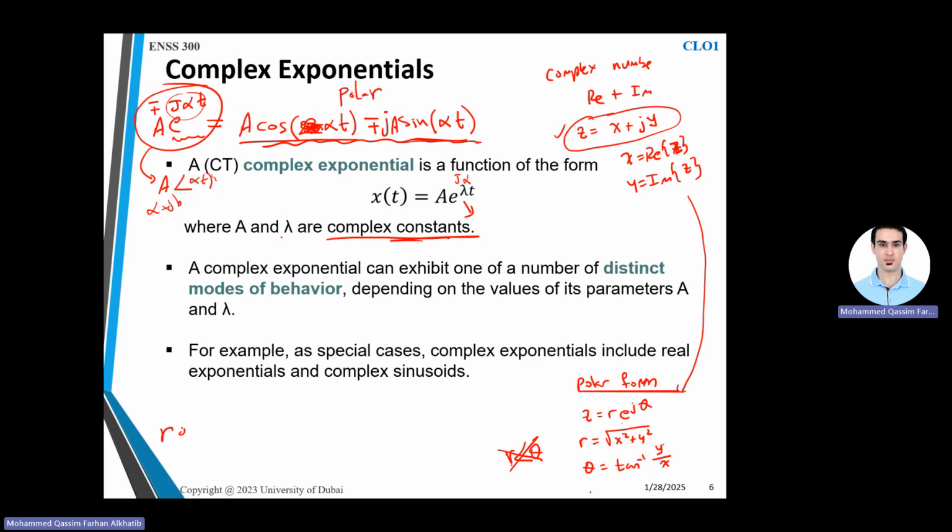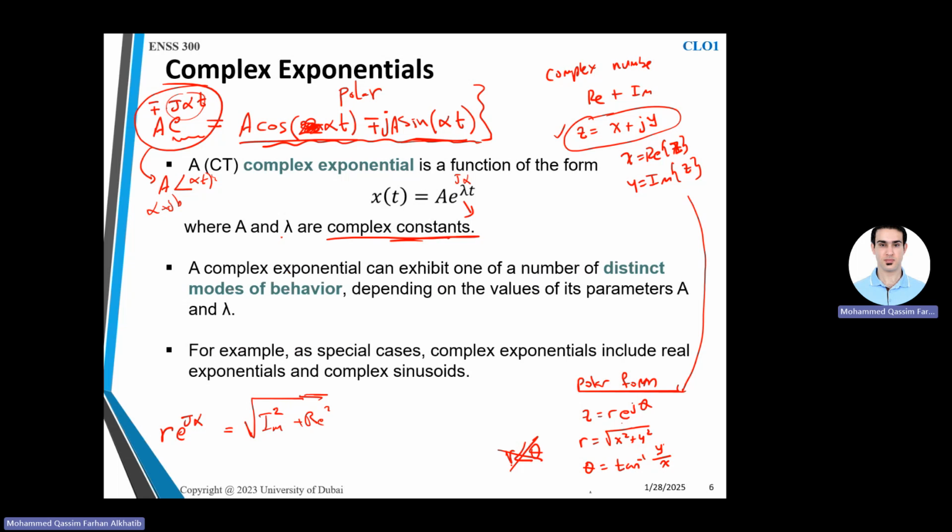So r e to the power j alpha equals the square root of imaginary squared plus real squared. But that's the expression that we will usually be dealing with.